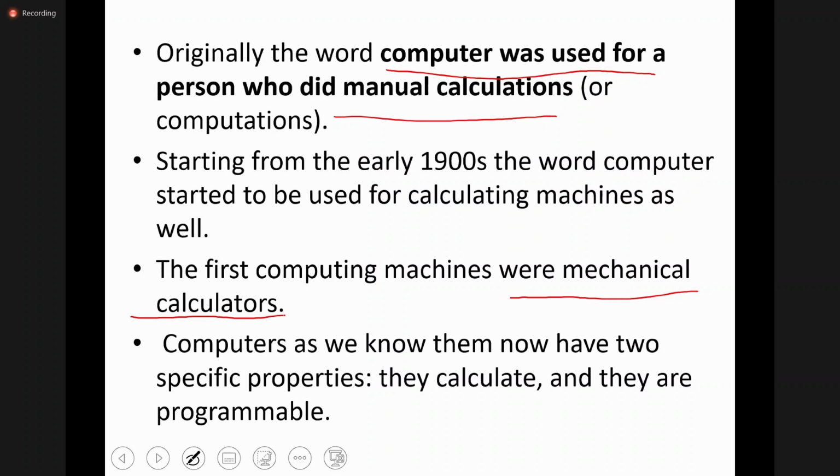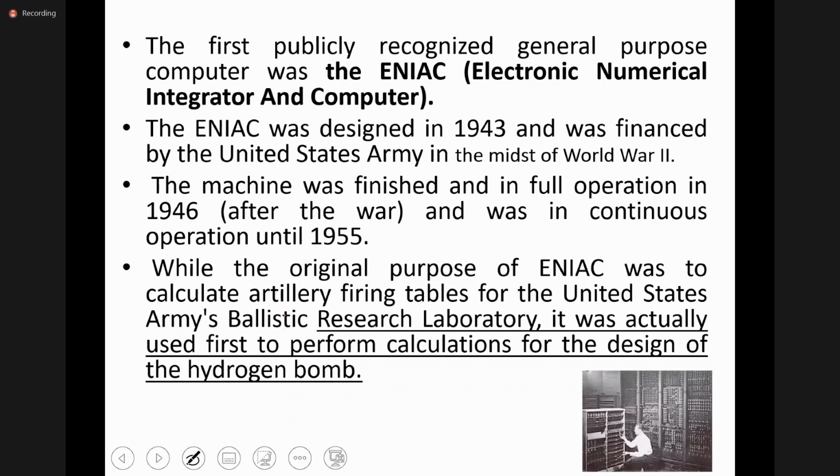Computers as we know them now have two specific properties: they do calculations, and they are programmable. You can program by using gates.